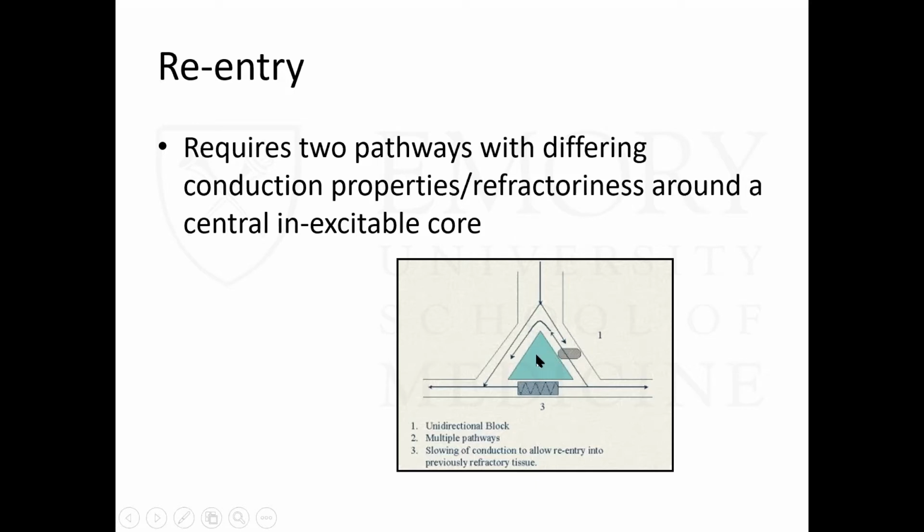The most familiar to you would be cavotricuspid isthmus-dependent flutter, or typical flutter, where the obstacle is the tricuspid annulus and the reentrant wavefront is going around and around it. Or sometimes these can be functional, meaning they're not fixed anatomic, but have functional characteristics. Either way, you need some obstacle in order to have reentry. And reentry is obviously different than focal arrhythmias that are due to enhanced automaticity or triggered activity.